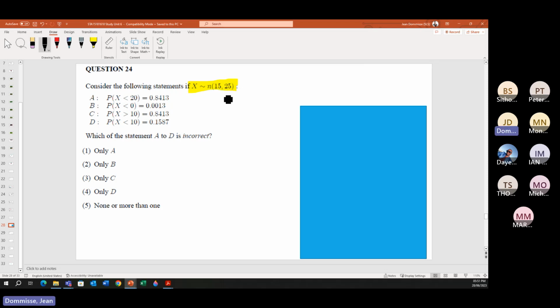So what they're saying here is, considering the following statement, if X is normally distributed, that N is actually saying to us it's normally distributed with a mean of 15 and a standard deviation of 25.